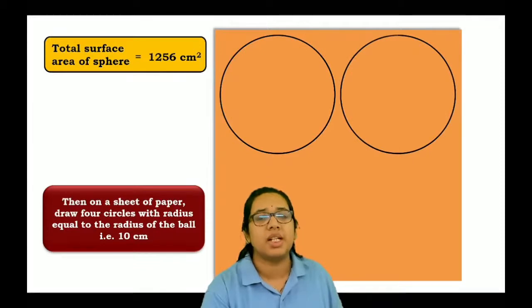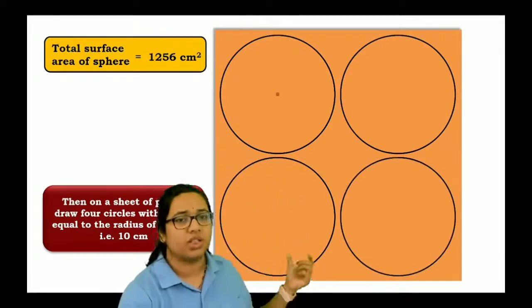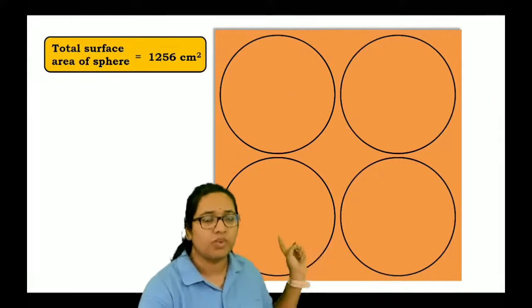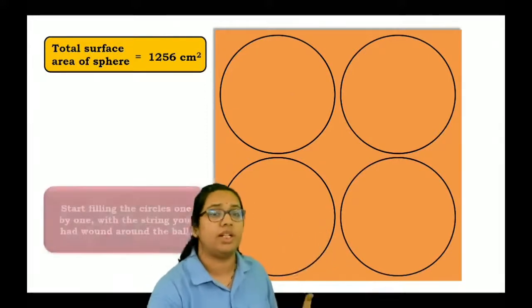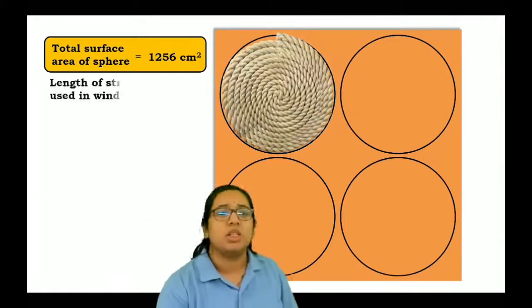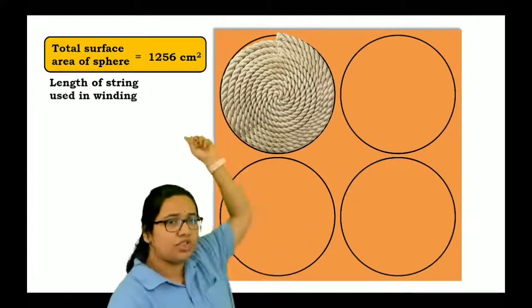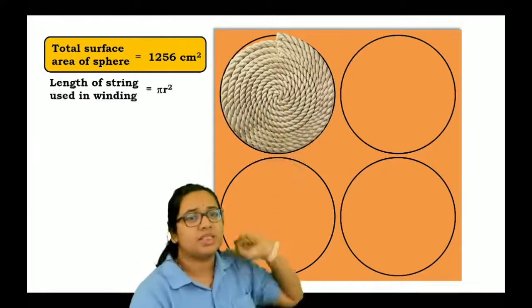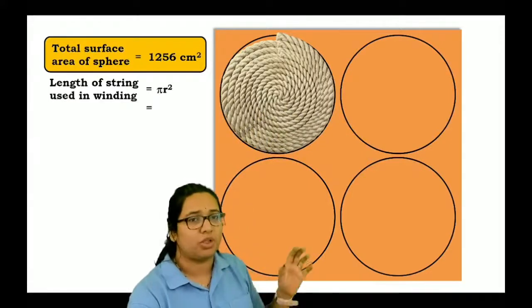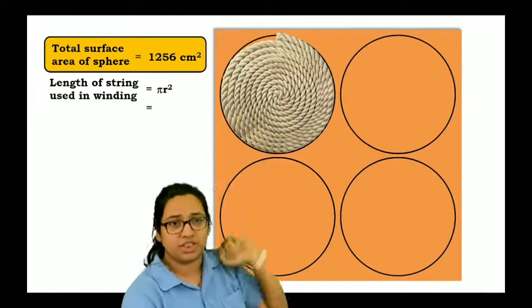So for surface area, you can easily find it. It will be 4 times pi r square. Now, in the second case, you can also form four circles of radius 10 centimeter. Again, you will consider this one. The length of the string used for this winding is the same as pi r square, because we just have to consider the area of this circle.